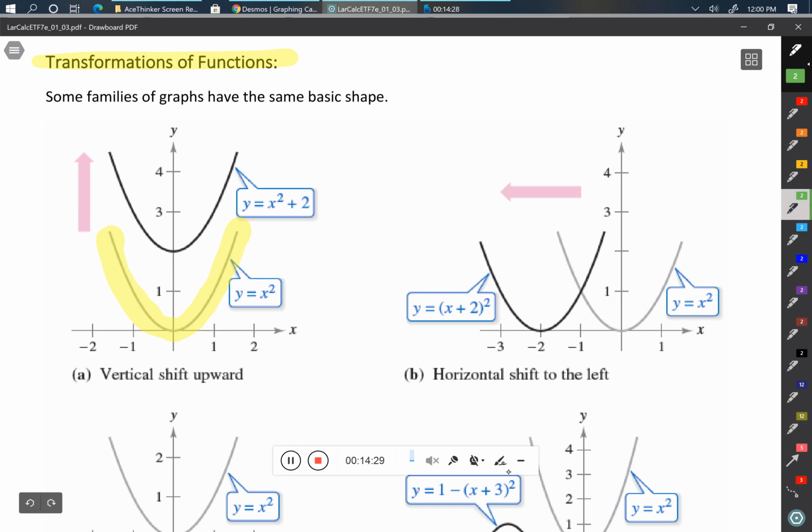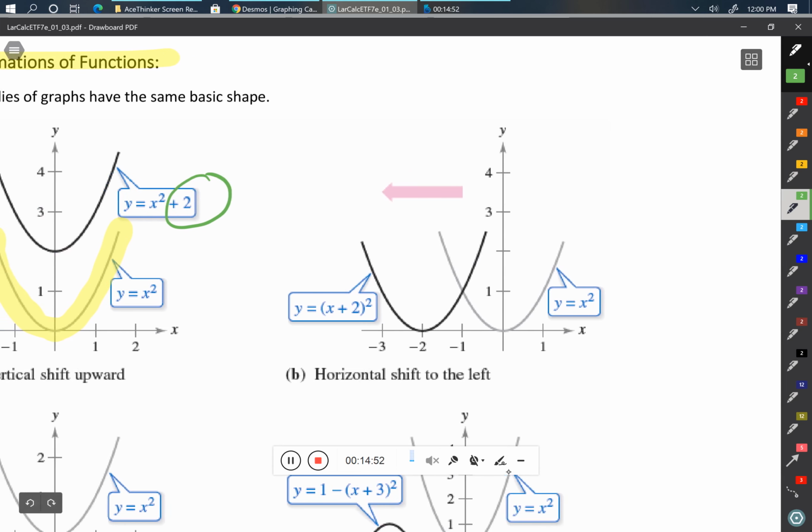Vertical shifts are achieved by adding or subtracting a constant value to the function. Okay? So by adding or subtracting a number. Adding a number shifts you vertically up, positive vertical shift. Subtracting a number shifts you vertically down, a negative vertical shift.